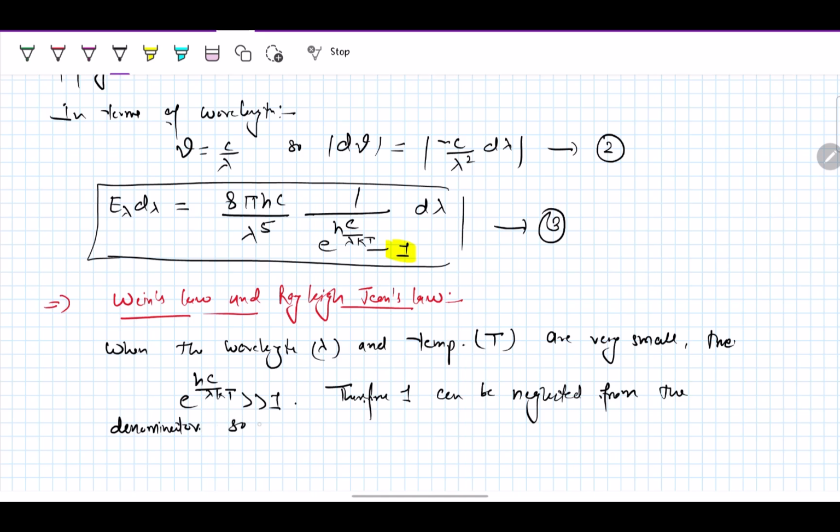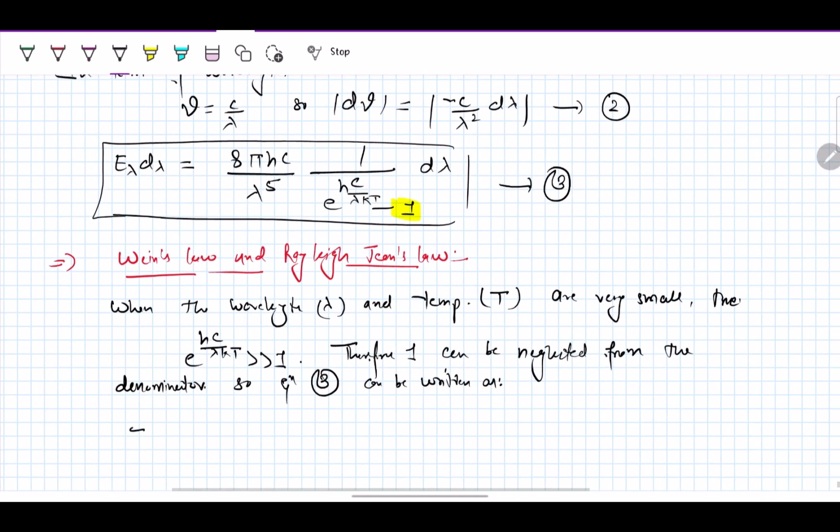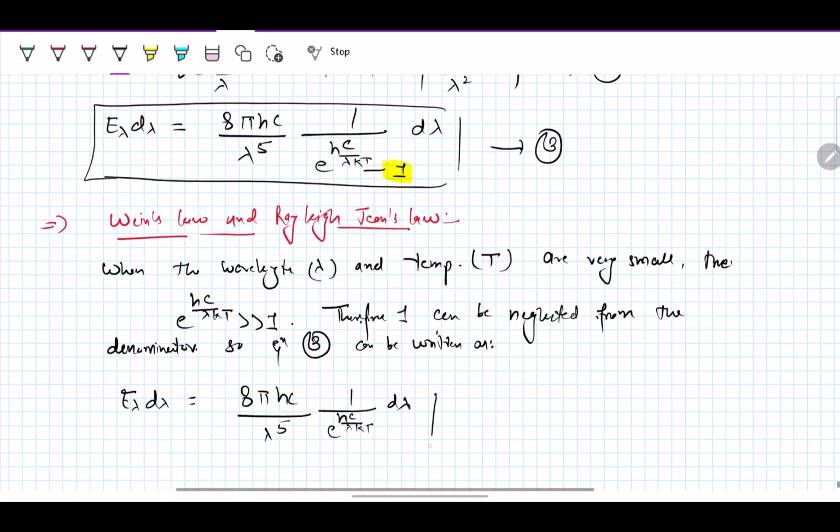So equation 3 can be written as E lambda d lambda is equal to 8 pi h c over lambda to the power 5, times 1 over exponential of h c by lambda kT, and we have already ignored the 1, so there is d lambda.